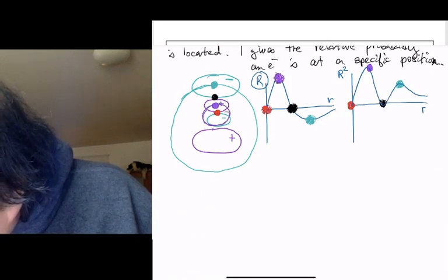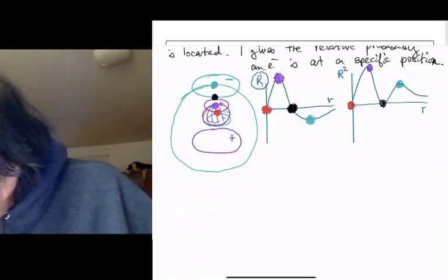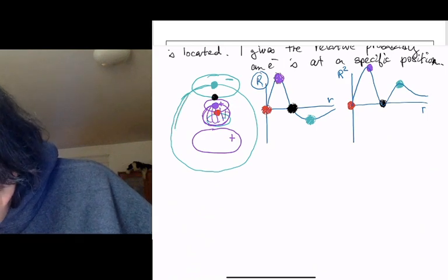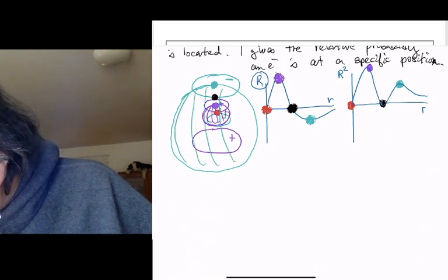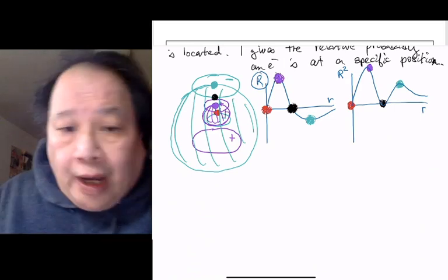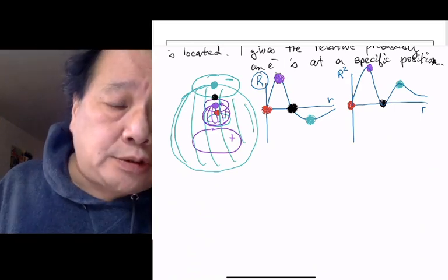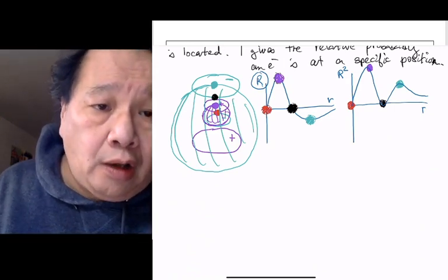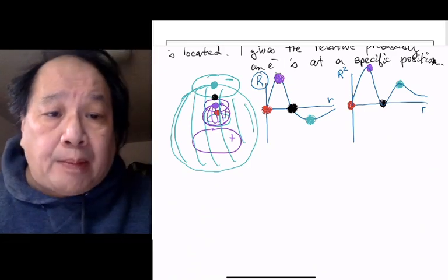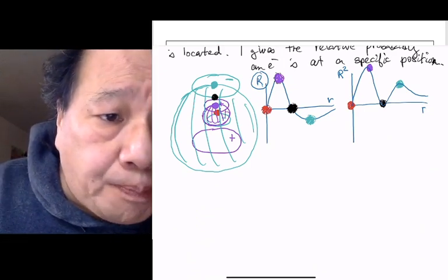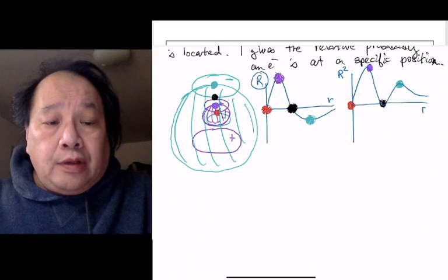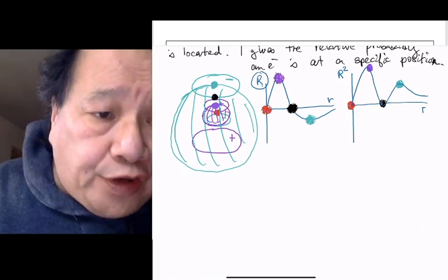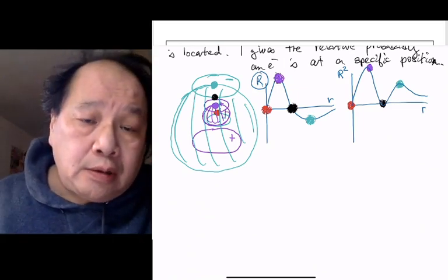So there's a sphere going around the nucleus, and there's a sphere here in aqua going around. And while that individual point on the aqua was less probable than the individual purple point, there's a much bigger sphere of points on the aqua.